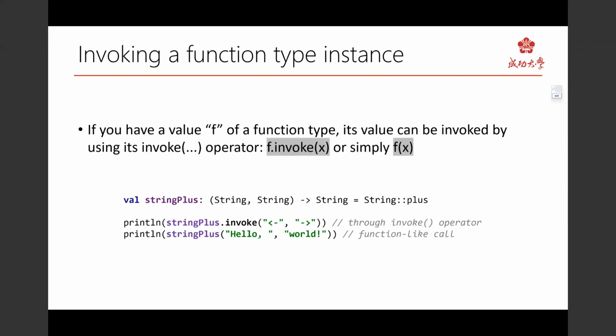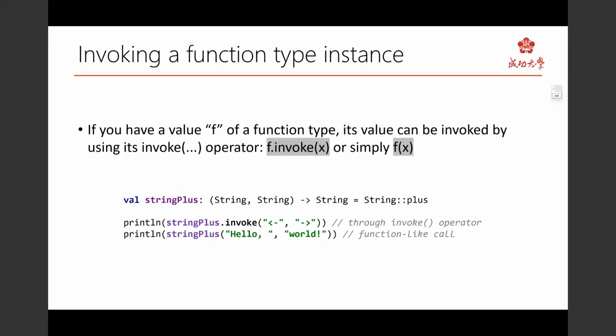Those functions that can be stored in this variable must take two parameters, both of the parameters are strings, and the functions need to return a string as well. So only those functions that satisfy this signature can be stored inside this variable.